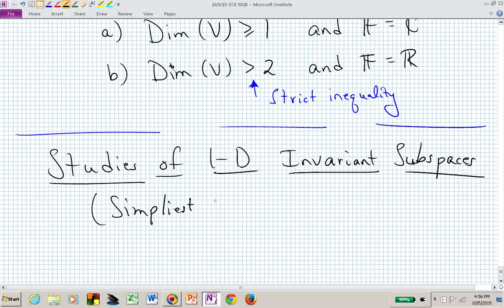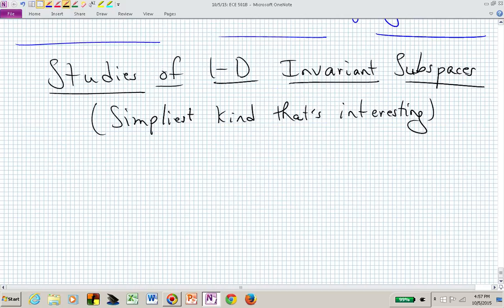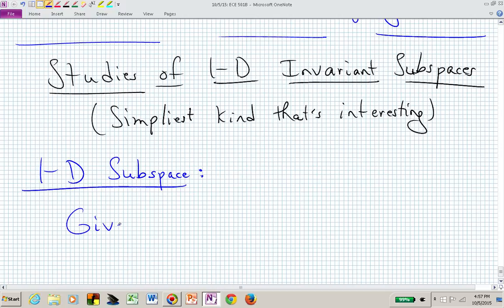This is actually the simplest kind, and that's interesting. Suppose that we're now given a vector u in V. So that just means we're starting with some vector in our vector space V.